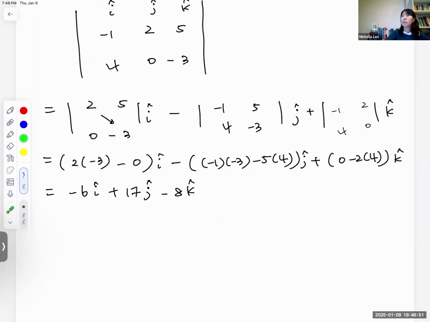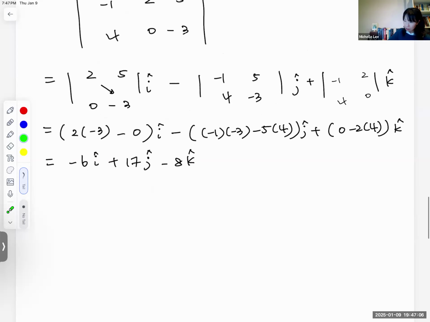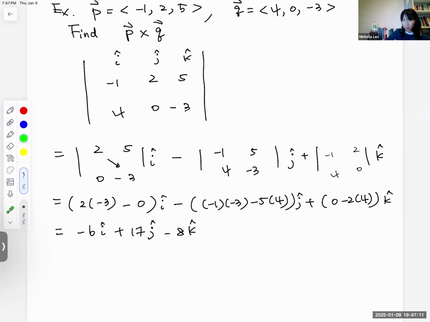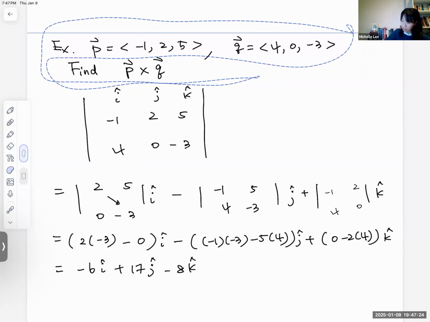Okay. Let's calculate Q cross P. How about cross product of Q and P? Oh, no. Okay.